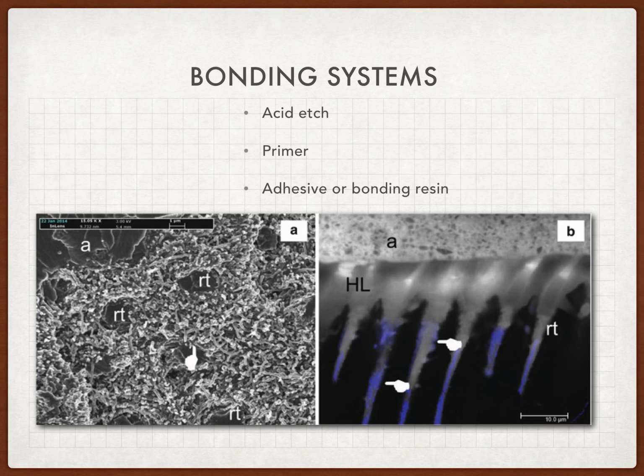Bonding systems are systems that are composed of three materials that will enhance or support the permanent attachment of the composite restorations to the tooth structure.